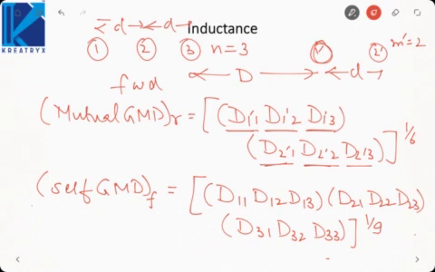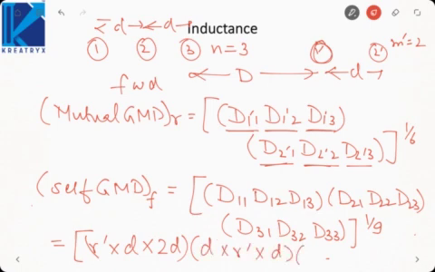So raised to the power 1 by 9. Now we substitute d11 is r dash, 12 is d, 13 is 2d. Then 21 is d, 22 is r dash, 23 is d, 31 is 2d, 32 is d, 33 is r dash, raised to the power 1 by 9. Okay, that is the self GMD of forward path.